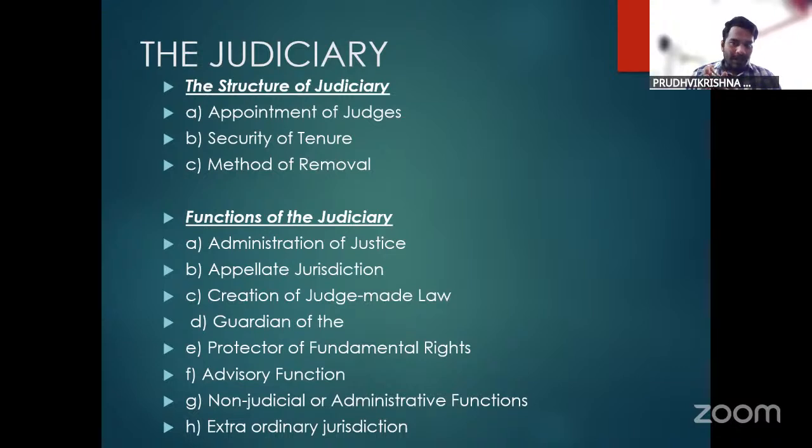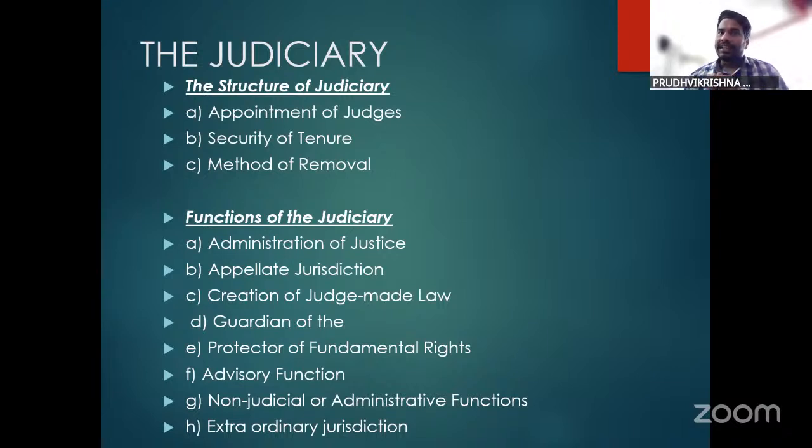In the legislative branch, we have two houses, one Lok Sabha, two Rajya Sabha. Lok Sabha is called the House of the People. Rajya Sabha is called the House of the States or Council of the States. Why? Because it is elected by the states' representatives. House of the People means it is elected directly by the people.